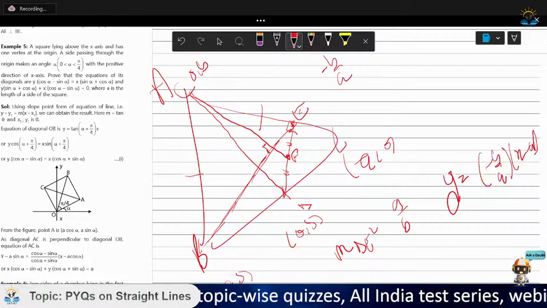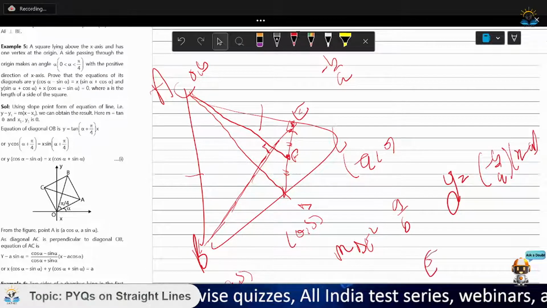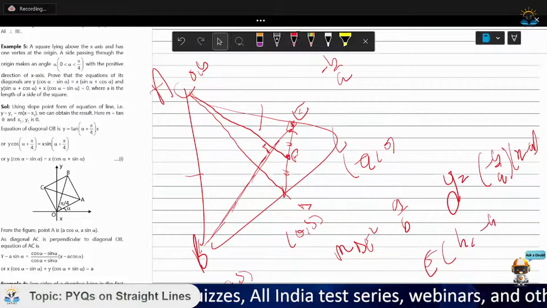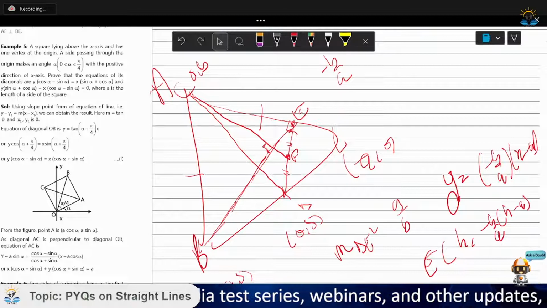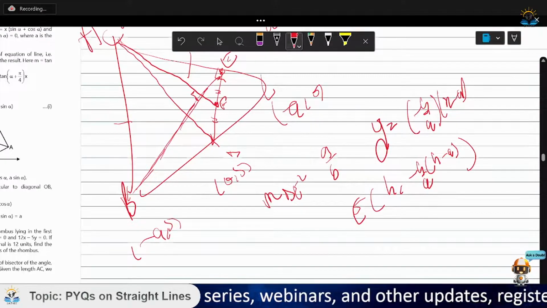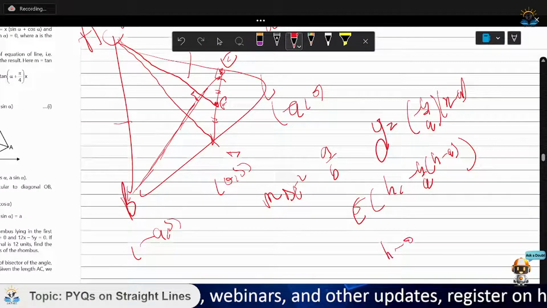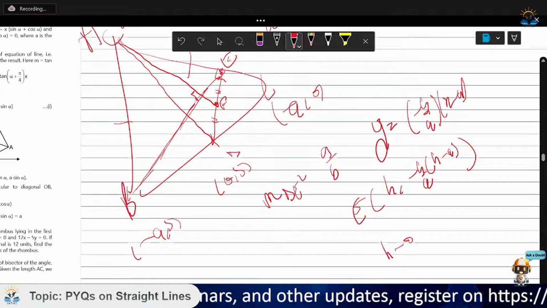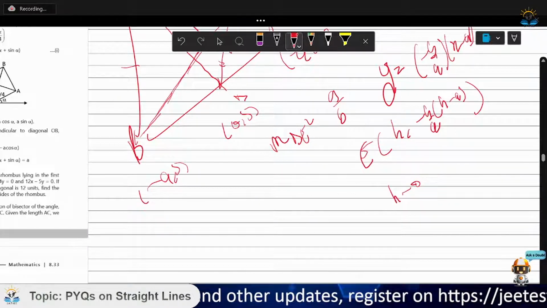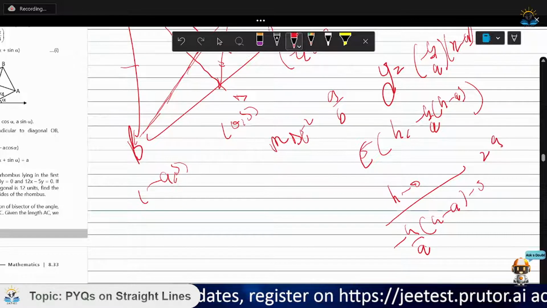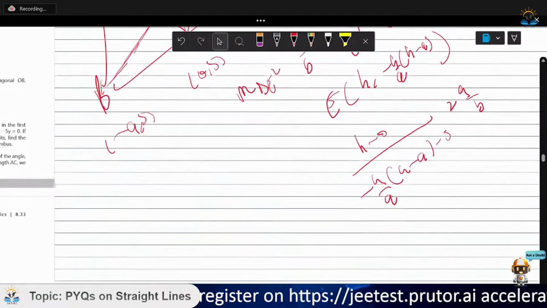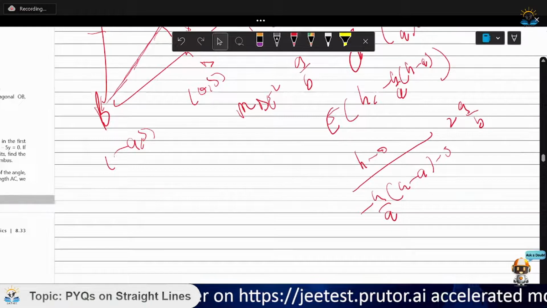And now taking the variable e as h comma minus b by a times h minus a. This is my e. So h minus 0 upon minus b by a times h minus a minus 0 should be equal to a by b, right? This is my b, guys.